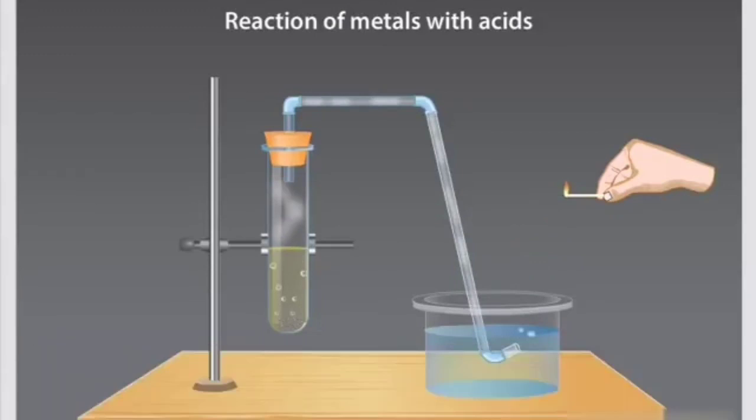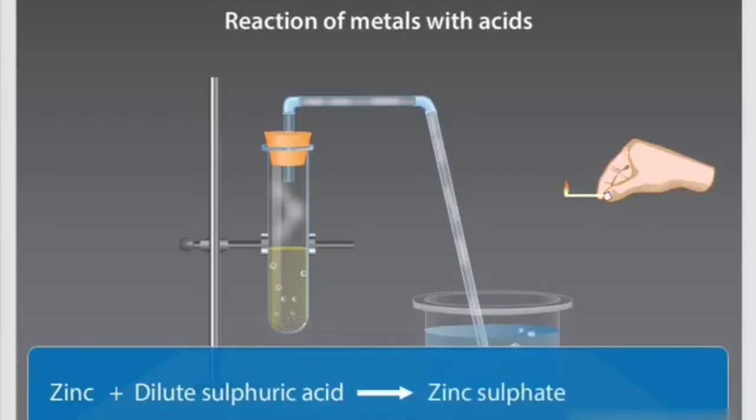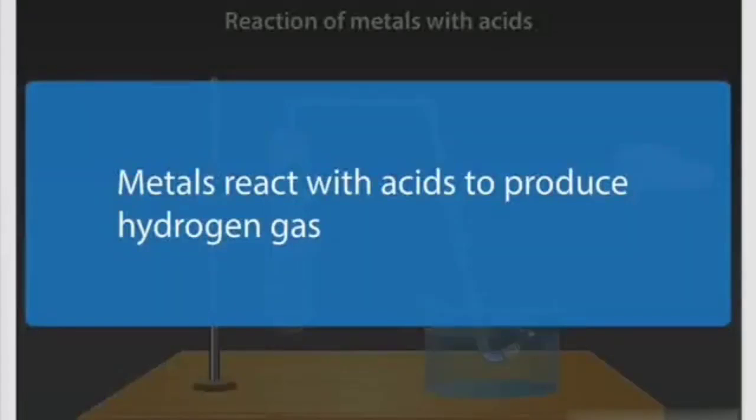Here, zinc metal reacts with dilute sulfuric acid to form zinc sulfate and hydrogen gas. Thus, we can say that metals react with acids to produce hydrogen gas.